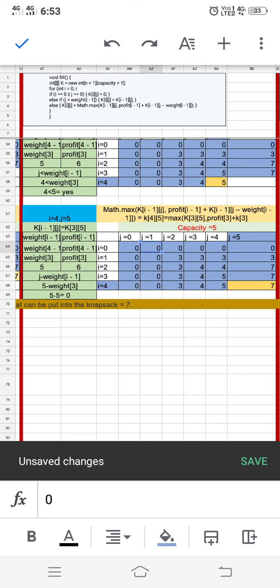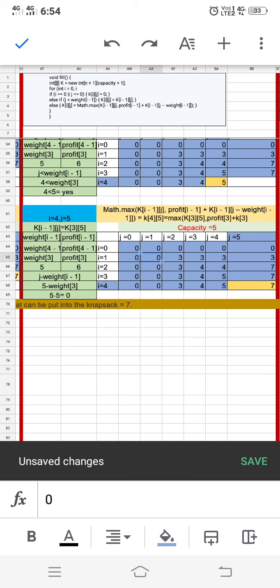The previous row's values for i is equal to 0, j is equal to 0 will be copied into i is equal to 1 and j is equal to 0, and the value at i is equal to 0 and j is equal to 1 will be copied as it is into i is equal to 1 and j is equal to 1. The previous values in the previous row corresponding to the same j value, I will be copying into the current iteration.